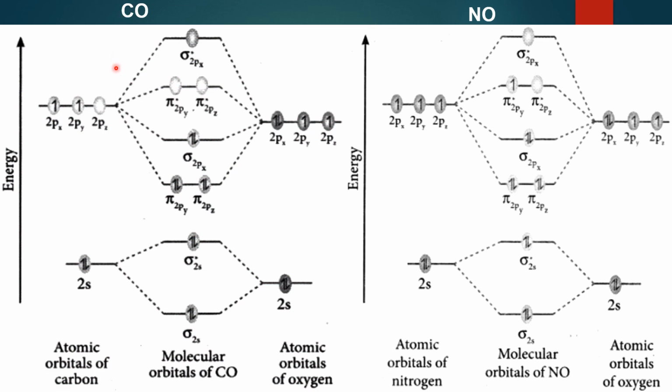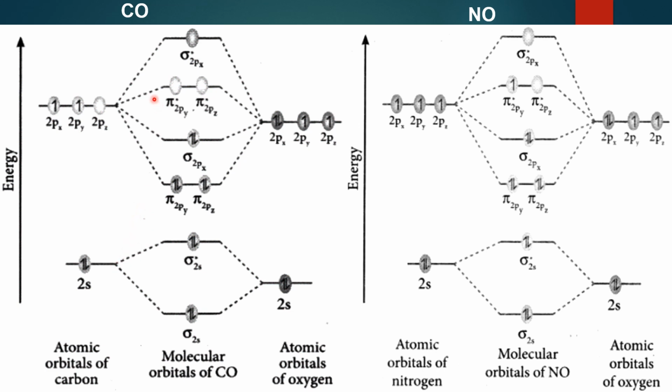Coming to our first example, the CO molecule: carbon has 6 electrons, whereas oxygen has 8 electrons, a total of 14 electrons. All these 14 electrons from carbon and oxygen are distributed over the bonding and anti-bonding molecular orbitals of the 1s, 2s and 2p levels.